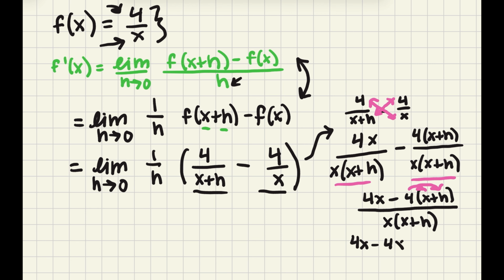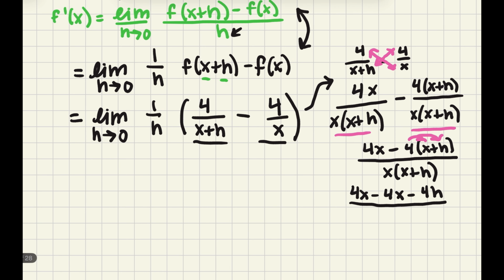Sorry about that. 4x minus 4h over, scroll down a bit here, x times x plus h. So maybe you've already noticed, but the positive 4x is going to get rid of the negative 4x, right? So that's going to leave us with negative 4h over x times x plus h.